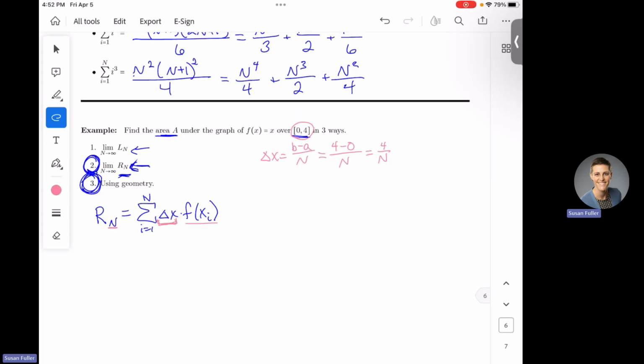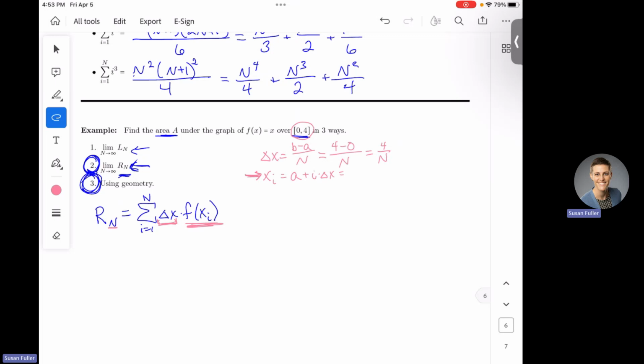And then f of x sub i. This is where x sub i being equal to a plus i times delta x is going to come into play. I just mentioned that a little bit. This is how we can find any specific x value that we want. And again, I can use what I have here to find a nice formula for any x value I want.